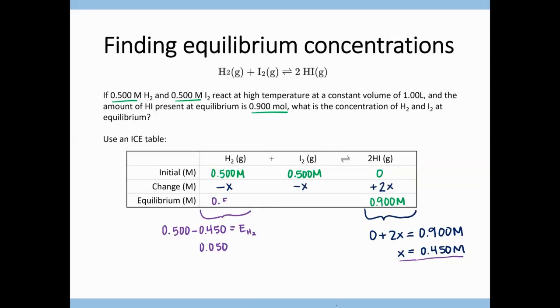So at equilibrium, the concentration of H2 is 0.050 molar. We calculate that by first finding x and then setting initial plus the change equals equilibrium. We would have the same equation for I2. We start at 0.5, we subtract 0.45, and we'll have 0.05 at equilibrium.